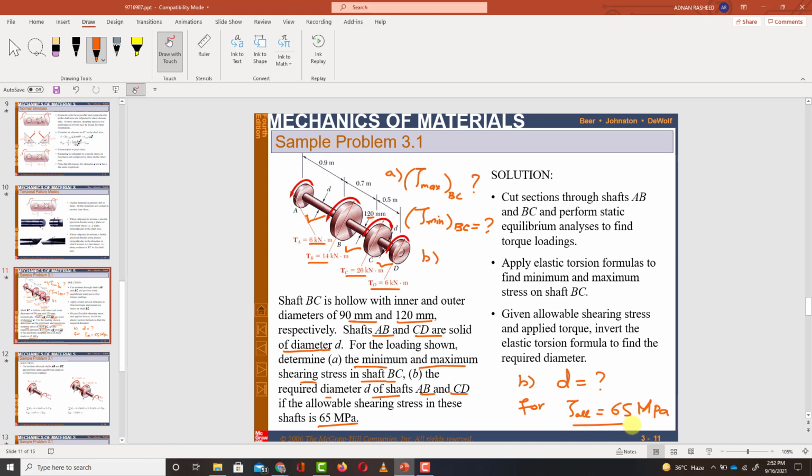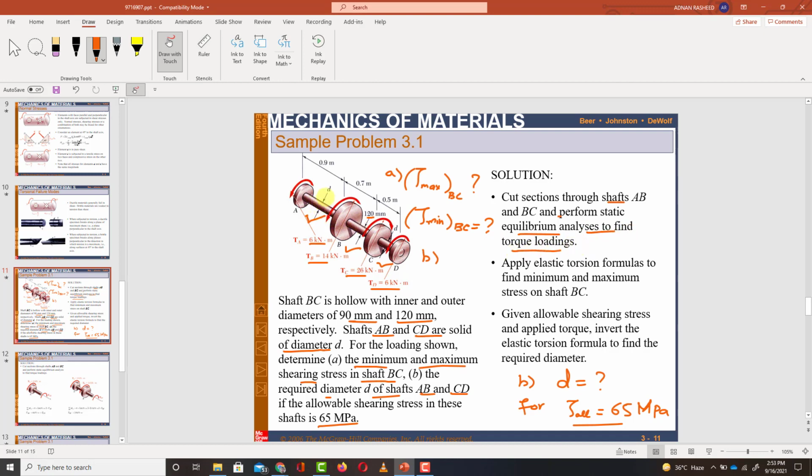This is a very simple question. There are steps, and when you follow these steps, it will be easily solved. So the first step is to cut the section through shaft AB and BC and perform static equilibrium analysis to find the torque loading.